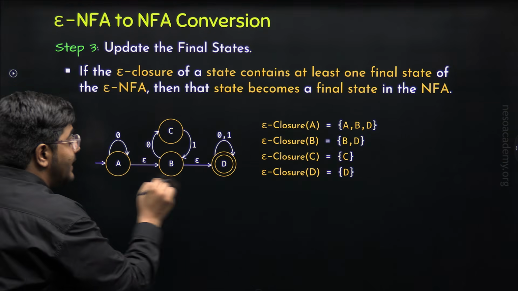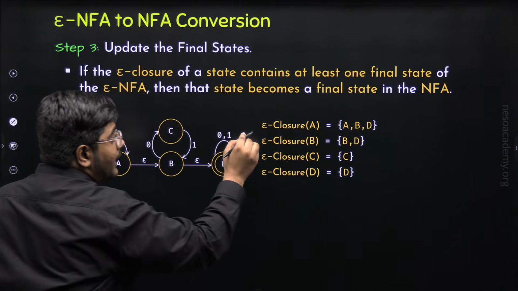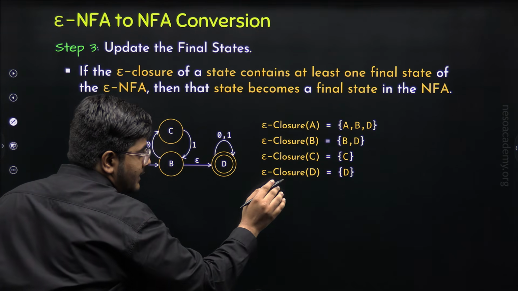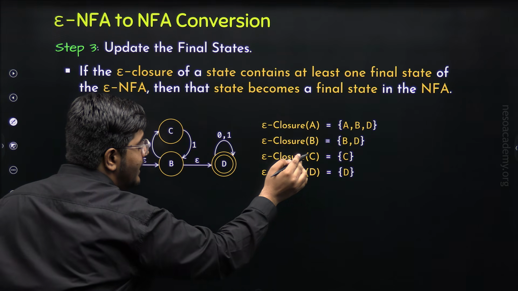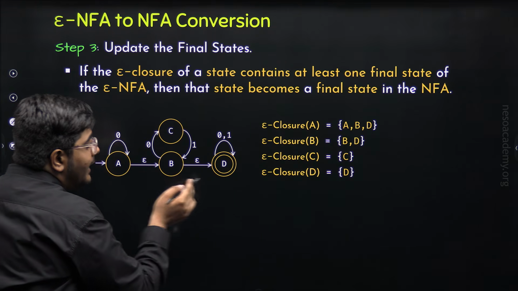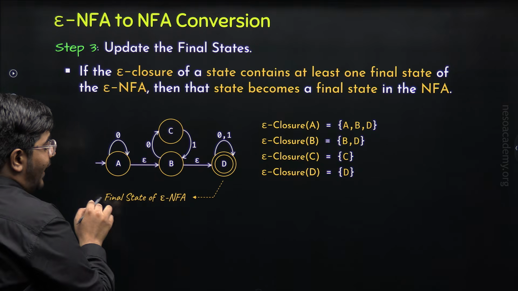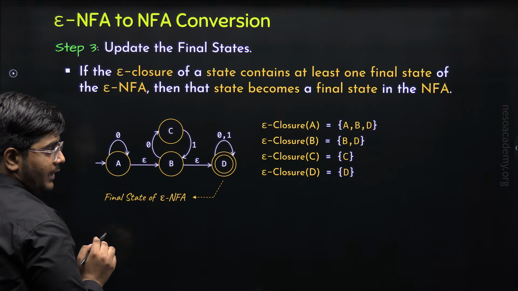So, for this diagram, we have calculated the epsilon closures of all the states, that are A, B, C and D. And you can clearly see that D is the final state of our epsilon NFA.